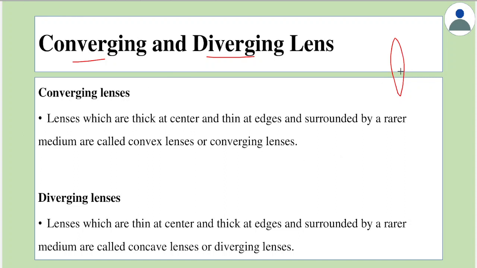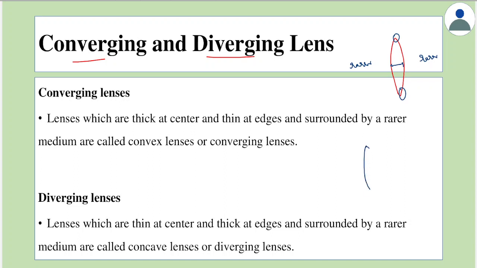Now for a biconvex lens, its center, the middle part, would be thicker, and as we go away from the center, the edges would be thinner. And also in most cases, the lens would be placed in a medium whose refractive index would be less than that of the lens. So the lens would be placed in a rarer medium. So this kind of lens behaves like a converging lens.